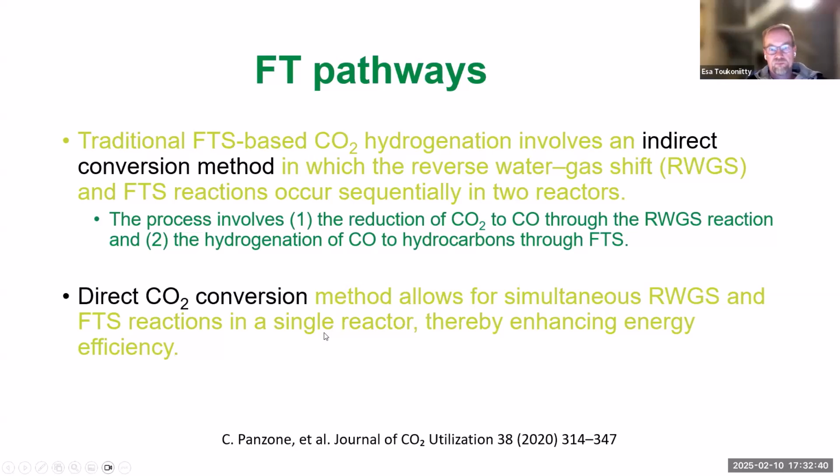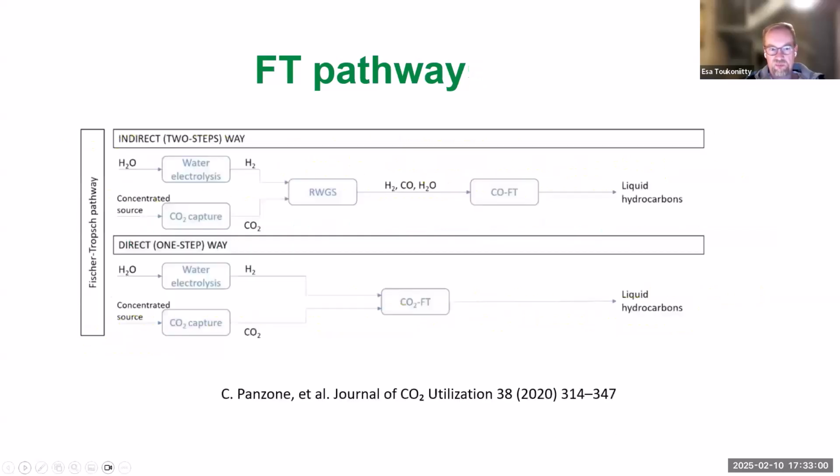Like the name says, this is indirect, so it has two different reactions or steps. The direct one happens in a single conversion step, or at least in a single reaction step, not in different reactors. This graph is also from the article, just copy pasted.